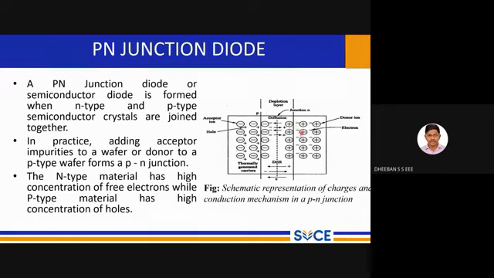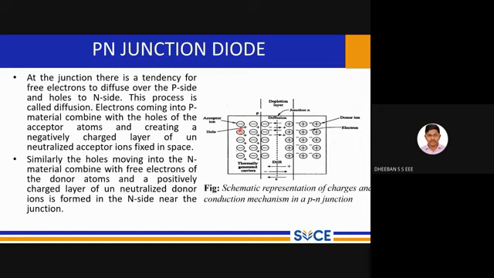So that is what happened here. The donor, this is the N junction, so that is N type, was able to provide this acceptor with the ion. So this acceptor ion is responsible for filling this hole. That's how it goes on.